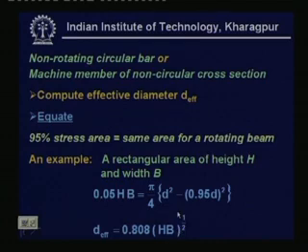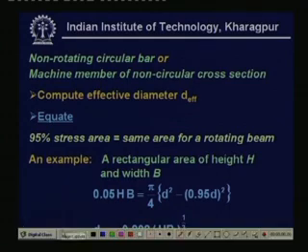In a similar manner, if it is a non-rotating circular shaft, I am just drawing the non-rotating circular shaft over here.